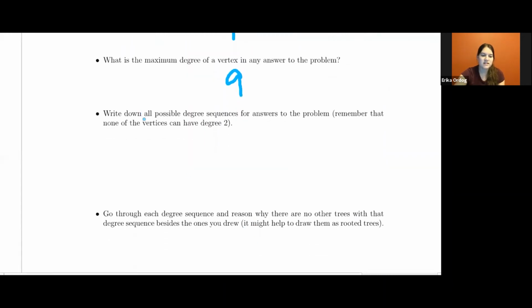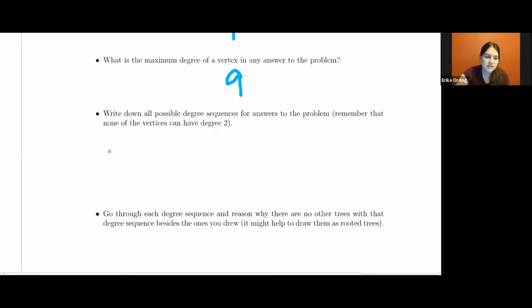So now I want you to write down all possible degree sequences for answers to the problem. And remember that we wanted these graphs to be homeomorphically irreducible, meaning none of the vertices have degree 2. Okay, so we can't have any 2's in our degree sequence. So you can either pause and do that on your own right away, or I can help you with the first one.